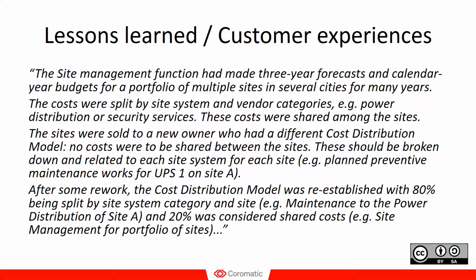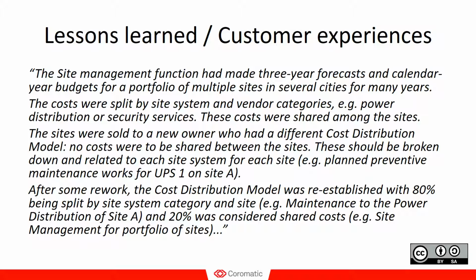It means, for example, it was simply called power distribution or security services, and they were shared among the sites. So this site management function was responsible for a number of sites across geographies, but they were considered a joint cost center regardless of which site. So it wasn't really important to the organization where the costs were.